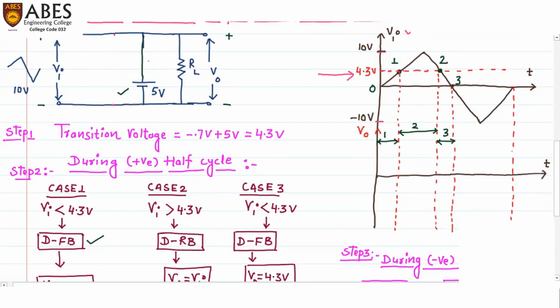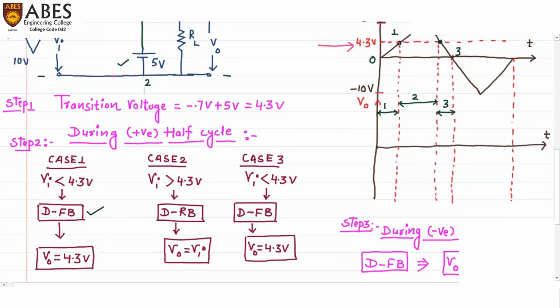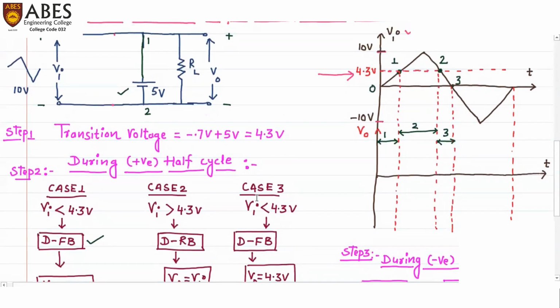It will behave like a short circuit. So in this case, V0 will be equal to the voltage across the RL branch, and the same will be equal to the voltage between point number 1 and point number 2. The voltage between point number 1 and 2 is plus 5 volts, which is the transition voltage. Sorry, I will have to take the voltage across the silicon diode also. That will be like this. This is 0.7.